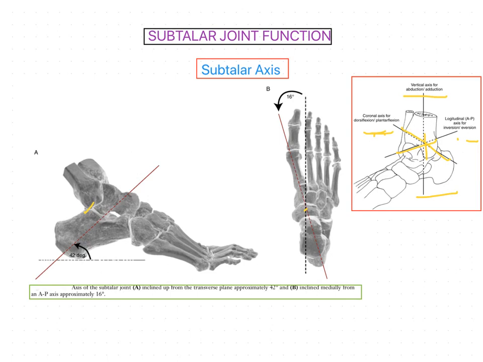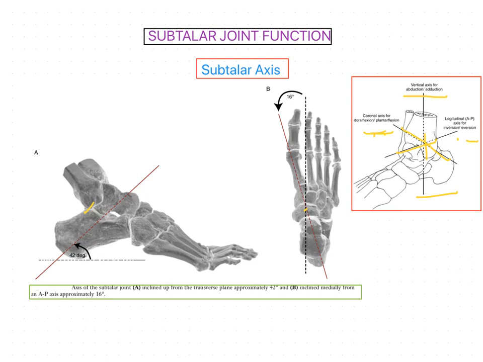The axis for subtalar supination and pronation has been subjected to many investigations, and the studies have found different average inclinations for the axis. More importantly, these studies have shown that large differences exist among apparently normal individuals.